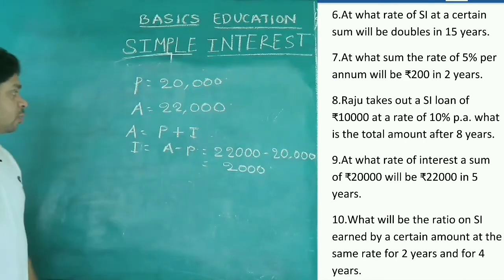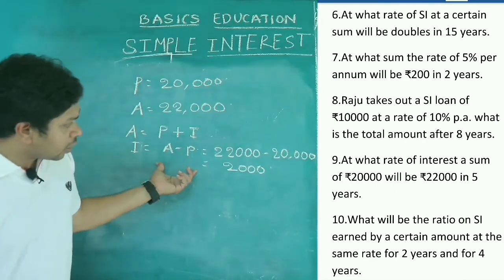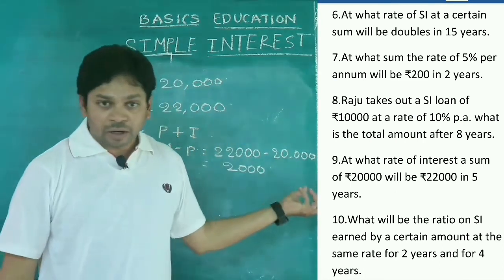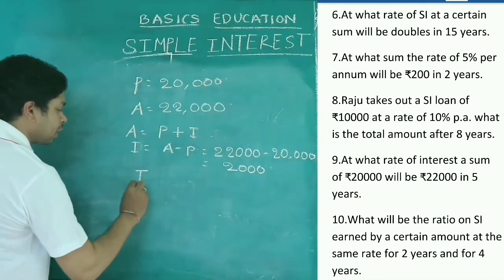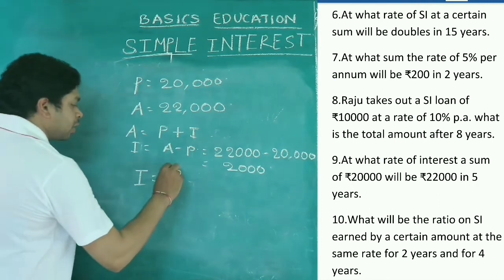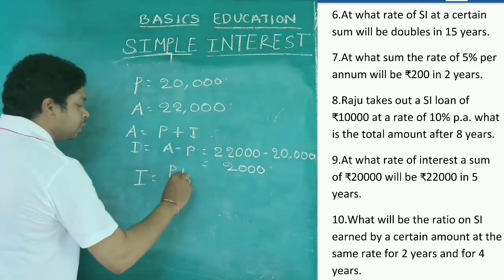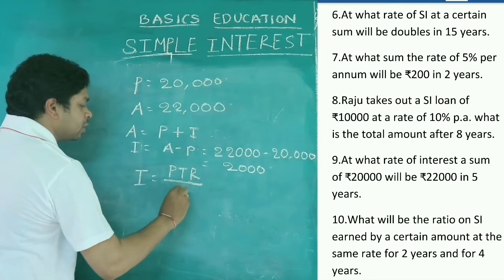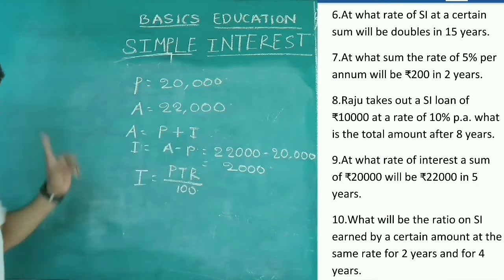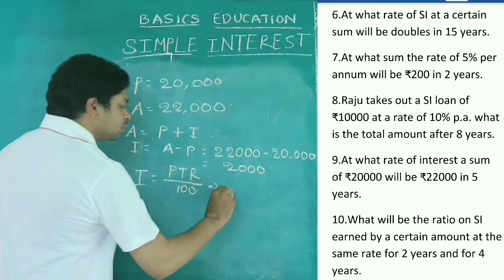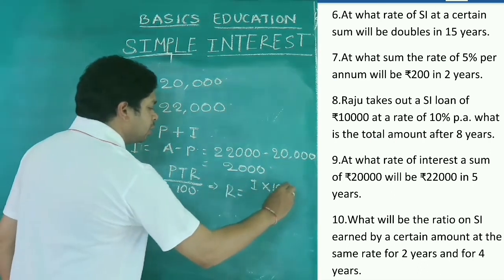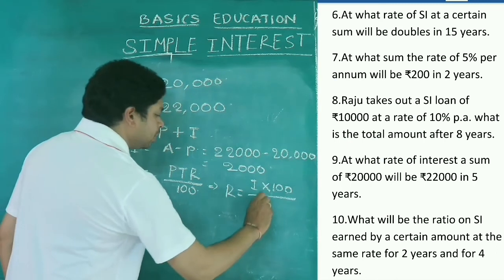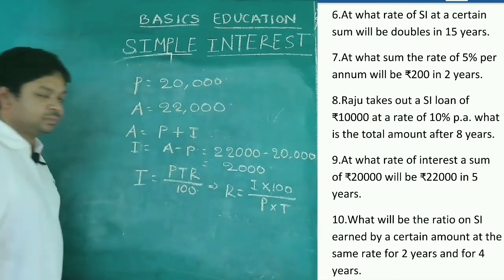So at what rate means we have to calculate the rate. So the rate calculation should be done by the formula I equal to PTR by 100. Then we have to get the rate from this formula, that is R equal to I into 100 by P into T. So from this data, what is the interest we earned?